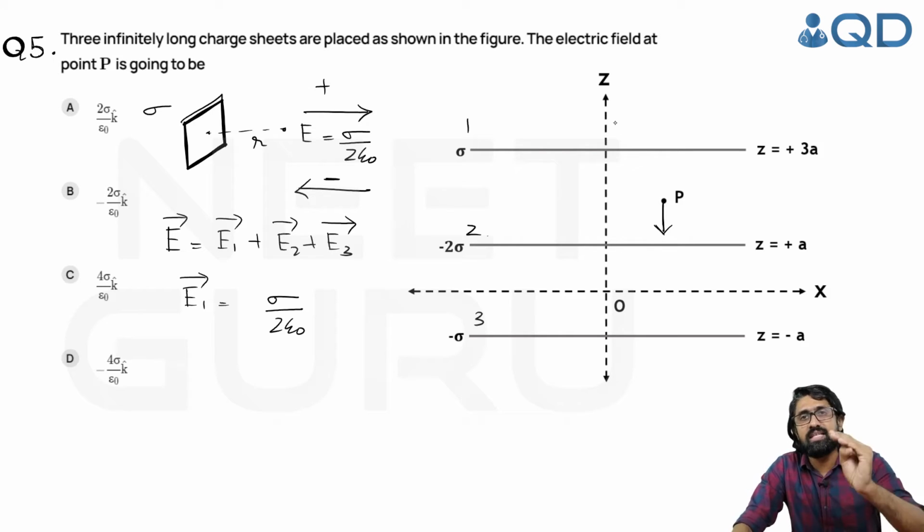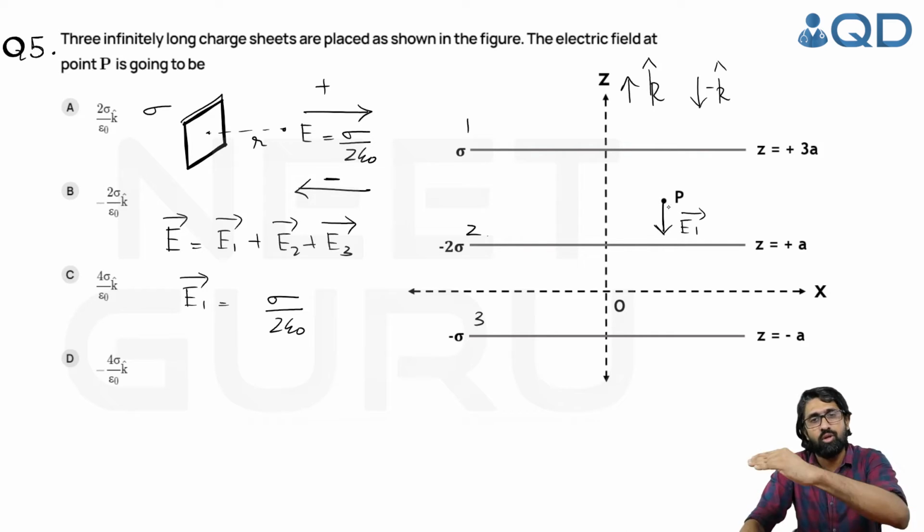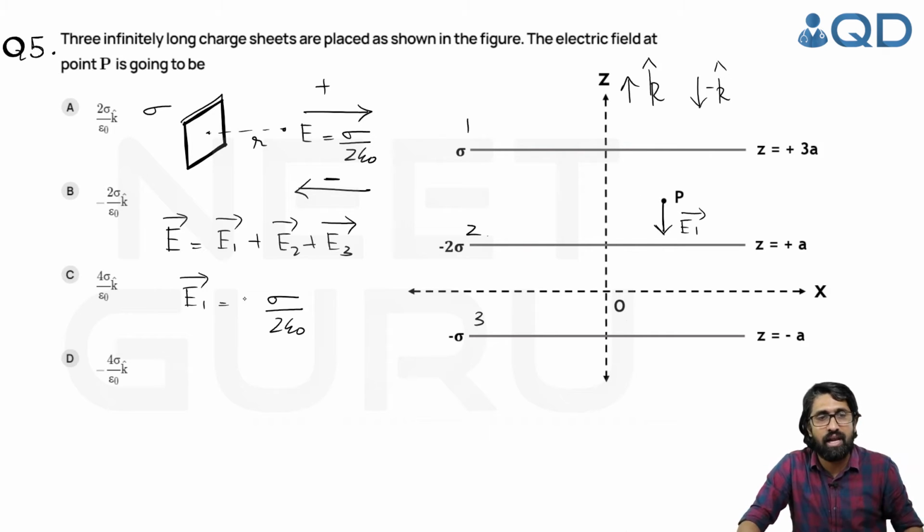This axis here is the z-axis. So upwards, you'll have k cap direction, and downwards, you'll have minus k cap direction. So the direction of E1 vector, the electric field at point P due to the first sheet, will be downwards. So I'll have minus k cap to specify the direction of E1 vector.